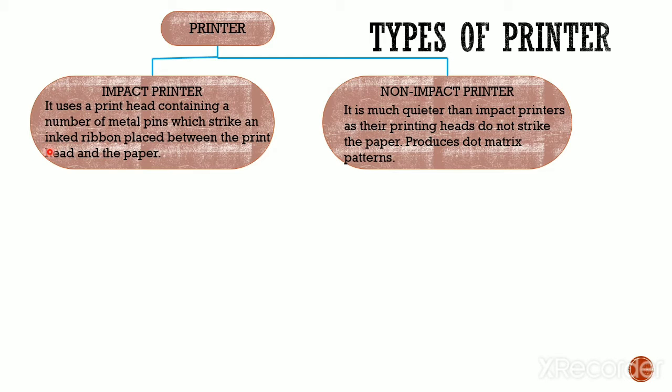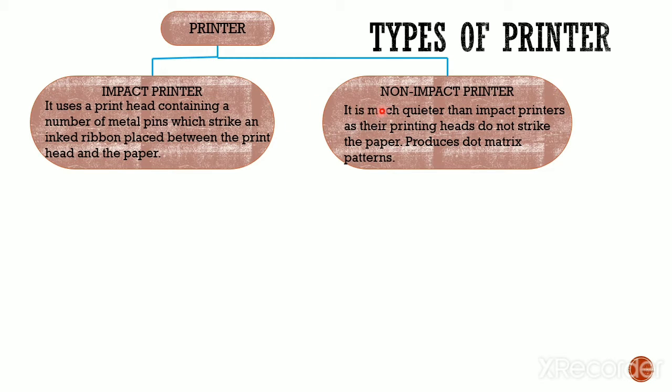The print head forces the inked ribbon, and the ink in the ribbon is placed on the paper. If the print head strikes A, the A's impression will be printed on the paper. Okay, this is what an impact printer is.